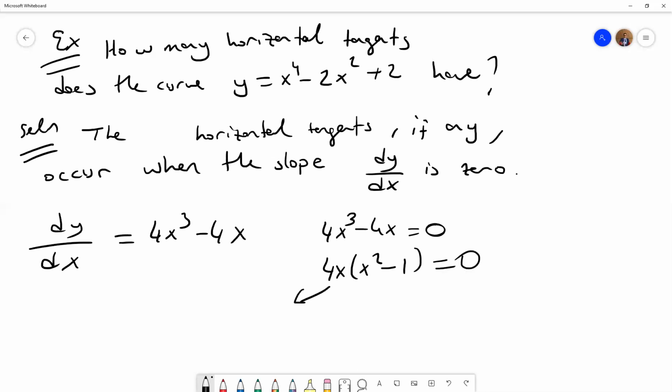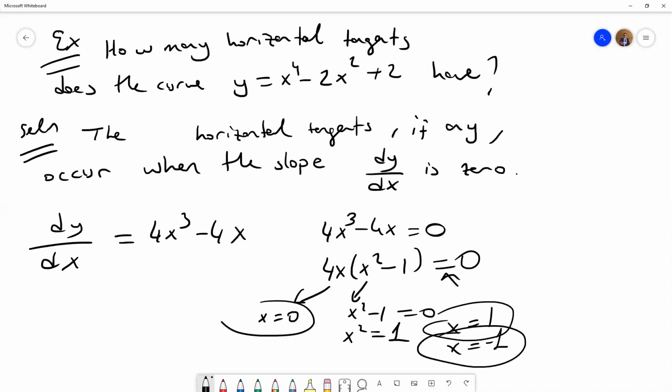For this equation equals 0, we have x is equal to 0, and here x squared minus 1 is equal to 0, so x squared is equal to 1, that is x is equal to 1 and x is equal to minus 1. So we have 3 horizontal tangents. And next one.